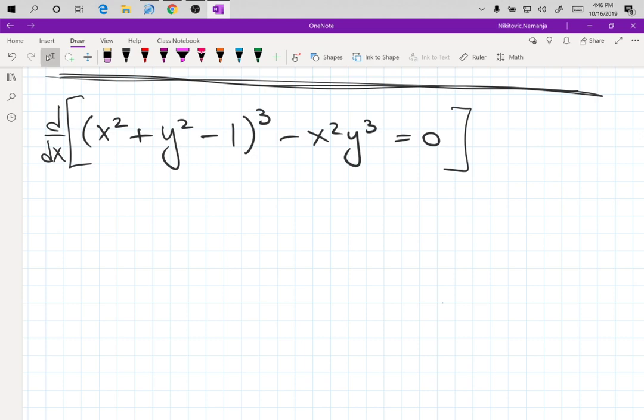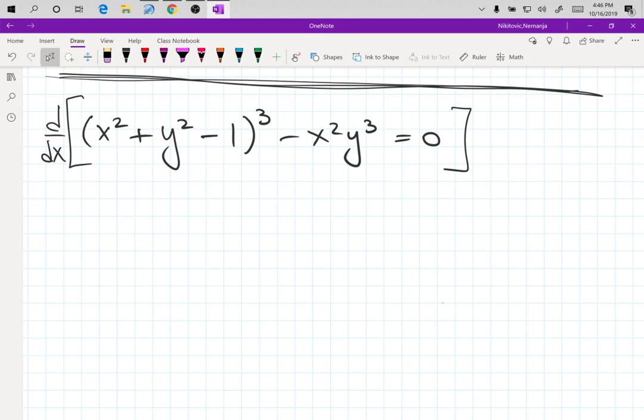So distribute, we get 6x(x squared plus y squared minus 1) squared, no copying, plus 6y(x squared plus y squared minus 1) squared dy/dx, minus 3x squared y squared dy/dx, minus 2xy cubed equal to 0.